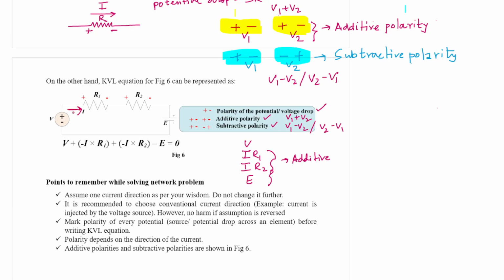But what is the guarantee that the actual direction of the current is from the voltage source to the battery? The current direction could be in this way also, from right to left. So what is the guarantee, and which is correct? Current cannot flow in both directions. Either it will flow from the left side as assumed in this problem, or it will flow from right to left. It cannot be both. So which one is correct?